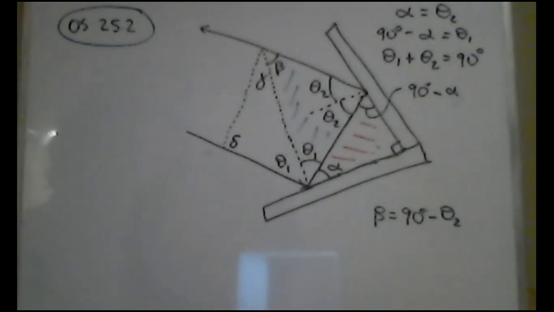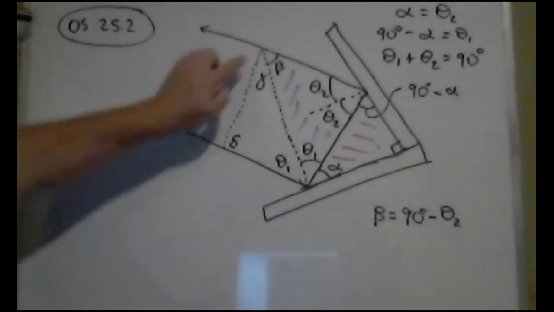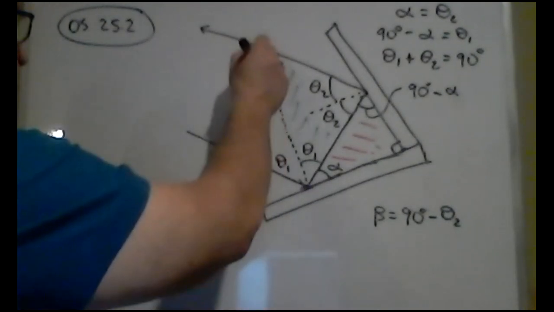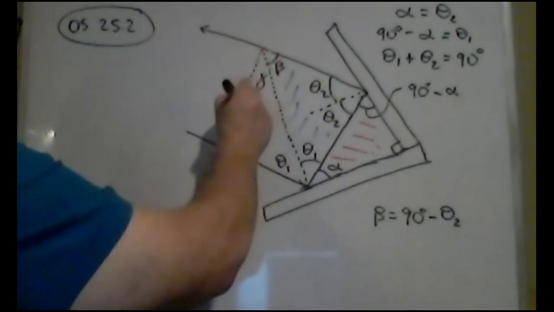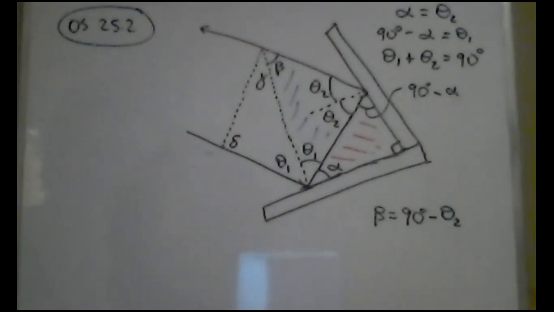All right, may seem very complicated, but it's not so. What I want to try to show is that this delta is 90 degrees. If I can form this triangle, if this is a right angle, that means I have parallel lines.